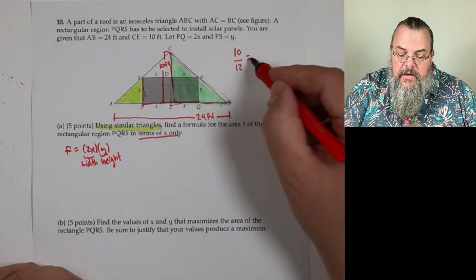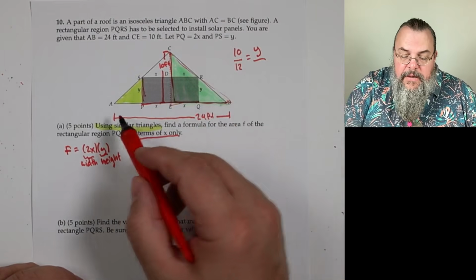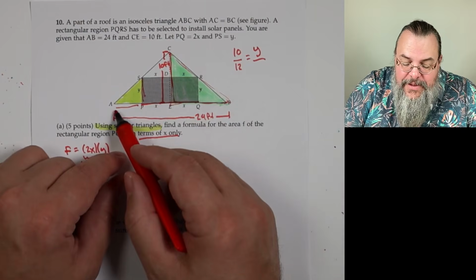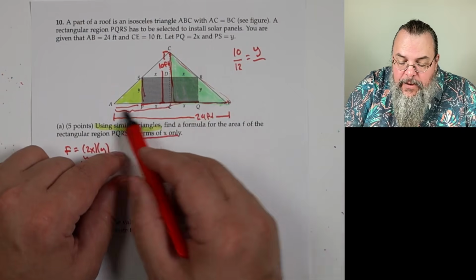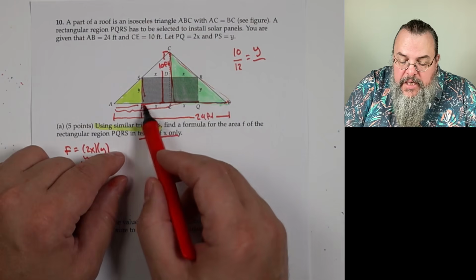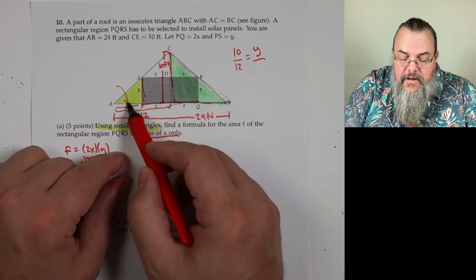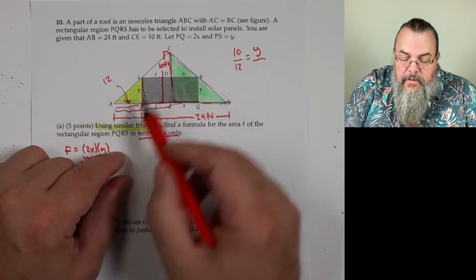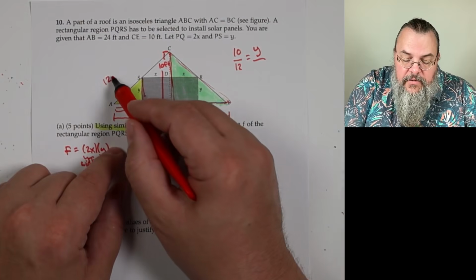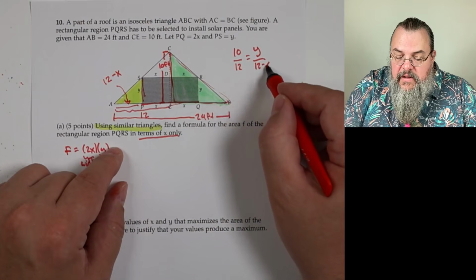On the other hand, the height of the small triangle is y. And then we have the width. Now, what's that? Here's where we use the magic. Halfway across the base, A to E is 12. P to E is x. So this part right here, you take the full distance from A to E, subtract off P to E, so that becomes 12 minus x.